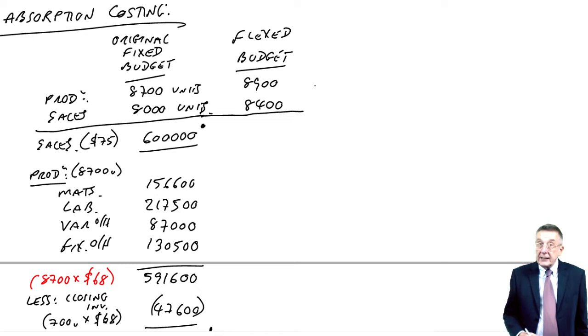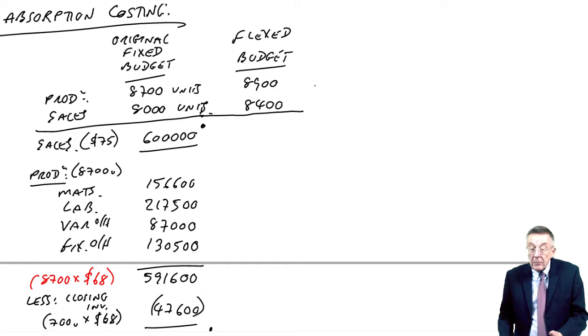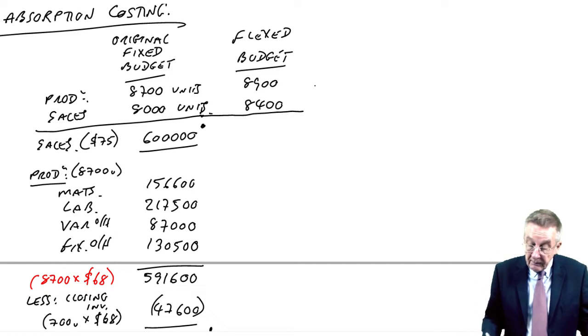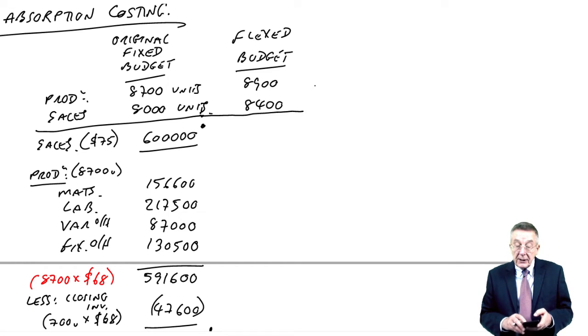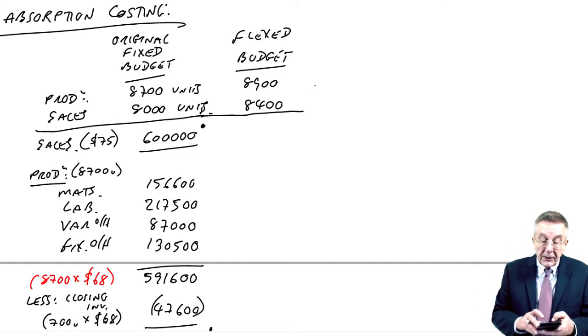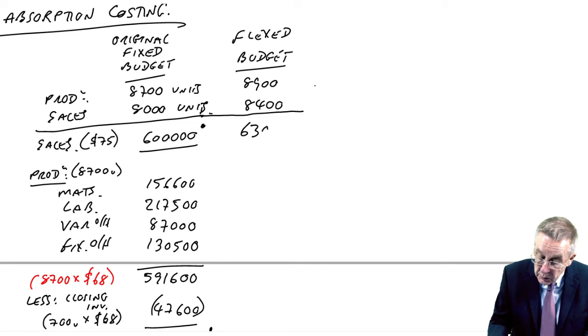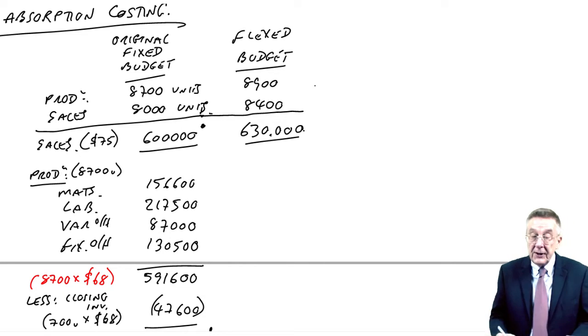So let's now rewrite the budget. What should the revenue be? What should the production be? Again, that's standard revenue, standard costs. So it won't take me a moment. The revenue, 8,400 sold. It should have been at 75 a unit. So the revenue, you would now be expecting 630,000.